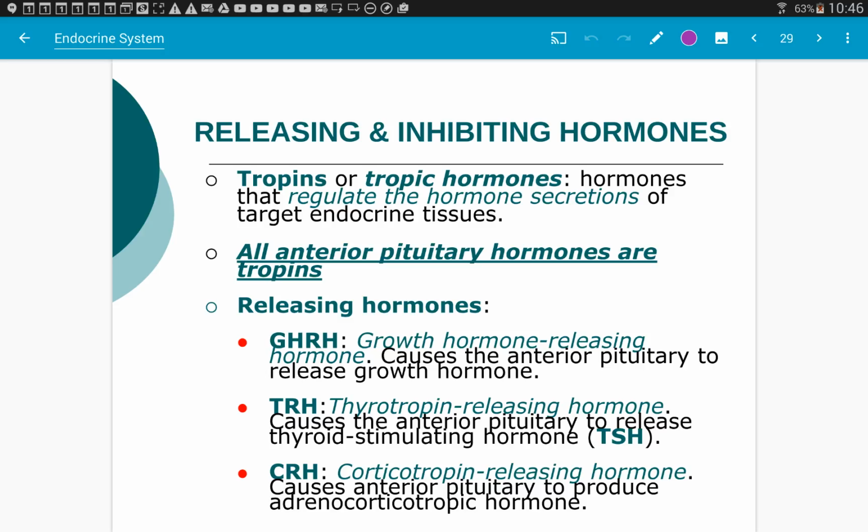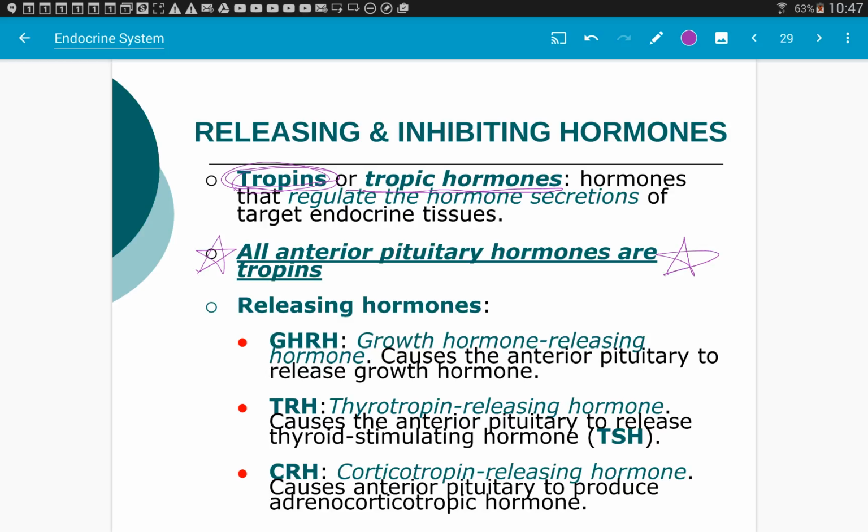So, first of all, a class of hormones called tropins or tropic hormones. These hormones help regulate the secretion of other hormones. Tropins help control the release of other hormones and other glands. An important thing to note, all anterior pituitary hormones are tropins.